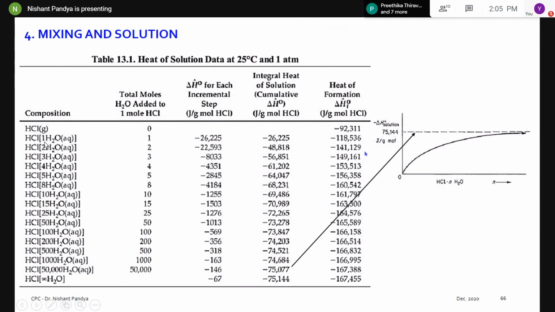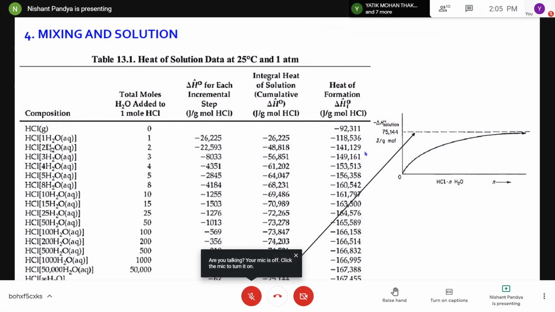Case one: here you have 1 mole HCl and 1 mole water. So you have 1 mole of each, and you put them together, and they will arrange themselves somehow. Now, at the other end, you have 1 mole HCl and 50,000 moles of H2O. You can see that there is lots of water, and only 1 mole of HCl has to adjust somewhere.